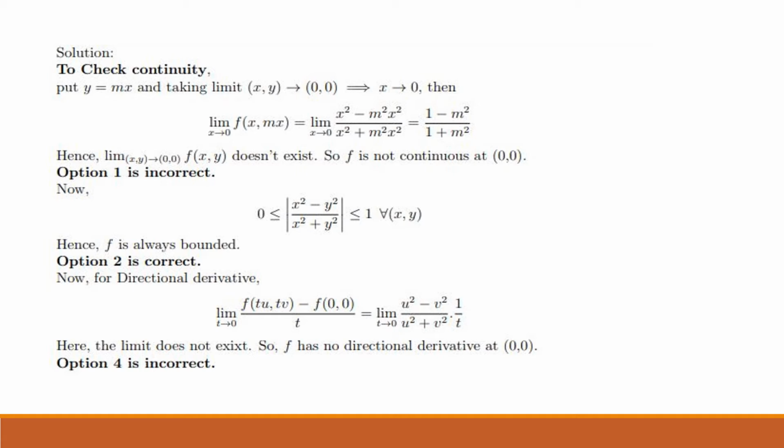So the limit does not exist, as the limit as t goes to 0 of 1 by t does not exist. Hence, f has no directional derivative at the point (0, 0). So option 4 is incorrect. That's the answer. So here only option 2 is correct and all the other options are incorrect.